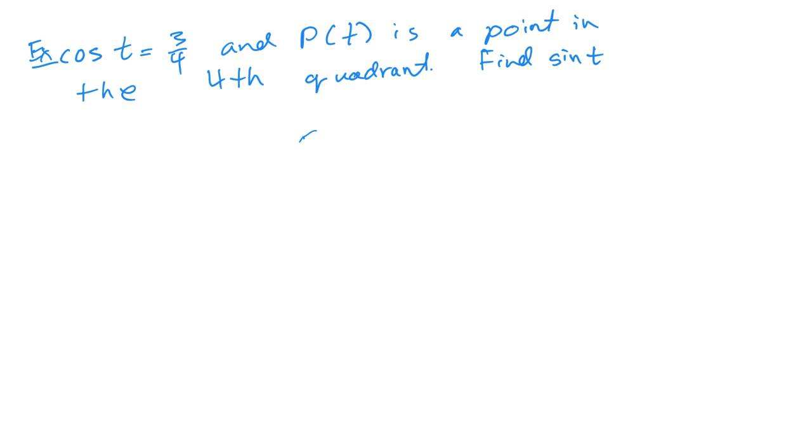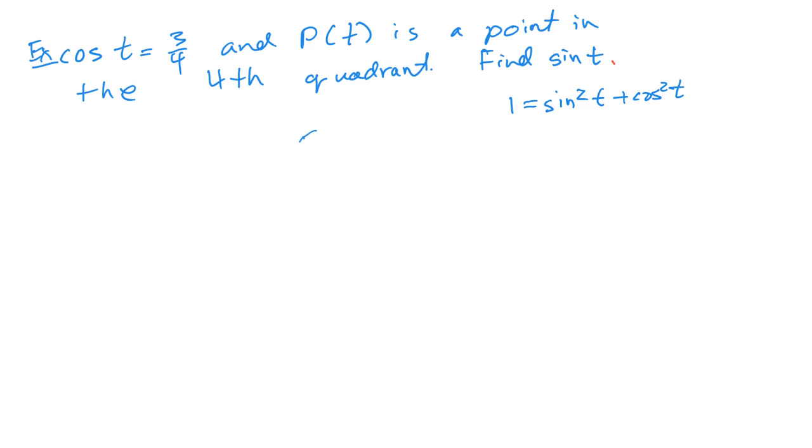So imagine I have cos of t is equal to 3 over 4, right? And P of t is a point in the fourth quadrant. Find sine of t. Well, here's what we have to do. We're going to use our Pythagoras theorem that we had to use before. So just remember, 1 is equal to sine squared t plus cos squared t.